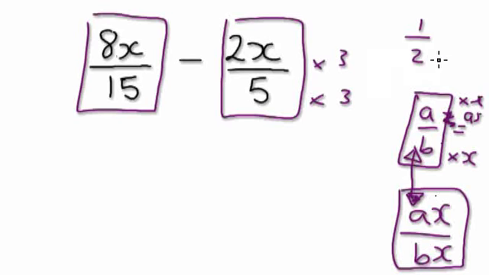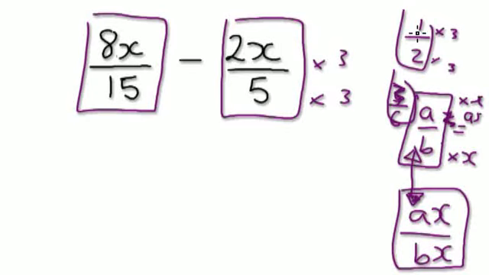So it's just like me saying a half. If I times top and bottom by 3, this would be 3 over 6. Well, 3 over 6 is the same as a half.